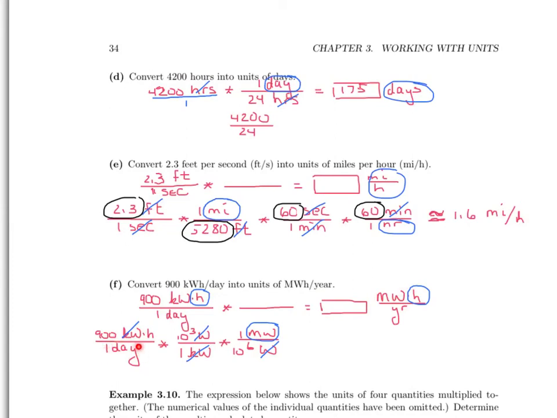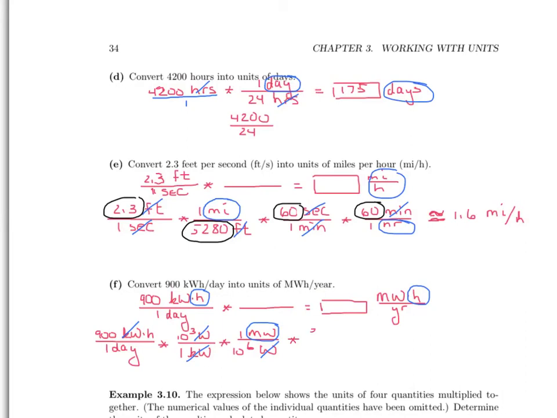Finally, we need to work with the days. We don't want units of days, we want units of years. So we're going to need to multiply by a conversion factor that relates days and years. We know that there are 365 days in a year, so that's going to be our conversion.